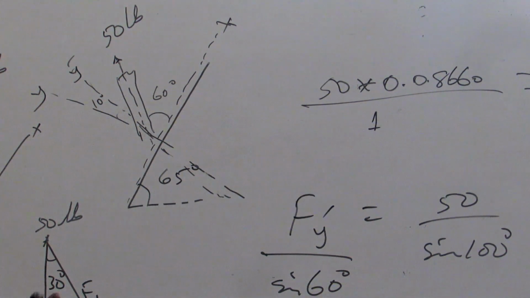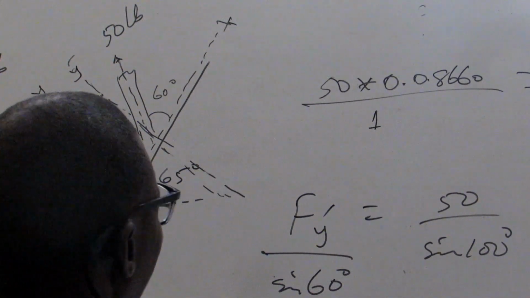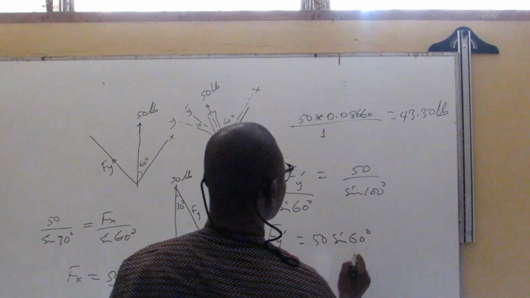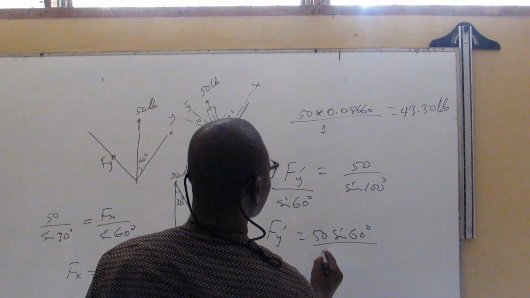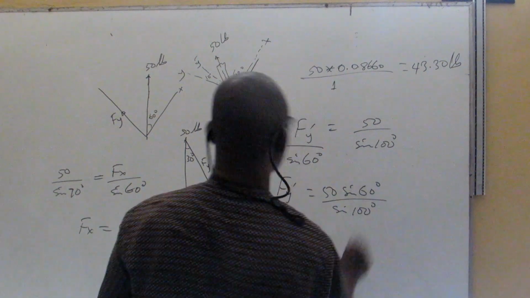This plus this is 90 degrees. We have FY prime is equal to 50 sine 60 degrees all over sine 100 degrees.